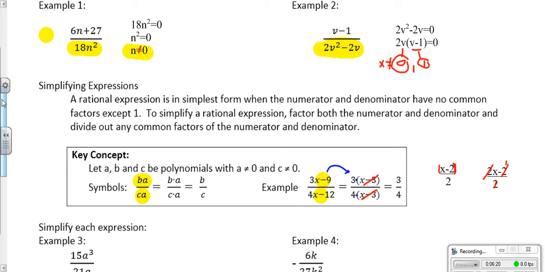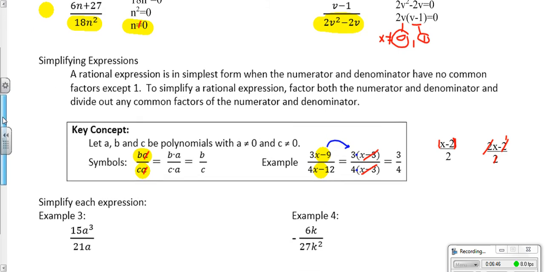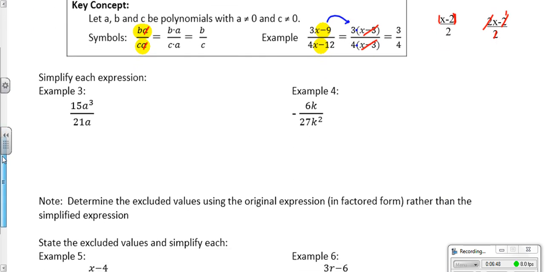You'll see as I go through these examples that when we have a subtraction or addition going on, I have to factor, and then when I factor, I create multiplication situations which will allow us to then cancel. Just like in the first one here, they both have a's, I can just cancel them out. So multiplication allows us to cancel things out, addition and subtraction does not. Very important part of simplifying rational expressions.